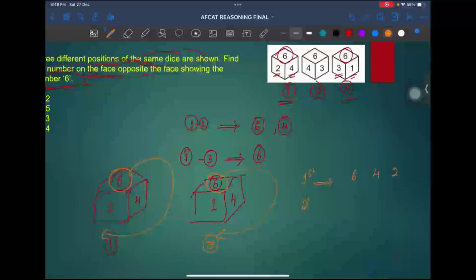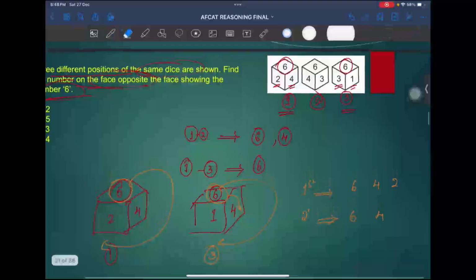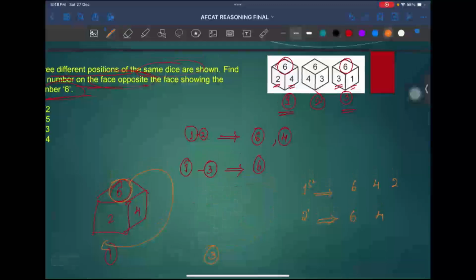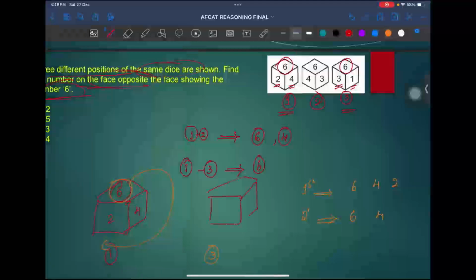In the third die, what will be the clockwise values? Sorry, the third dice value is different. I'll just mark 6, 1, 3. You just need to identify the common number.